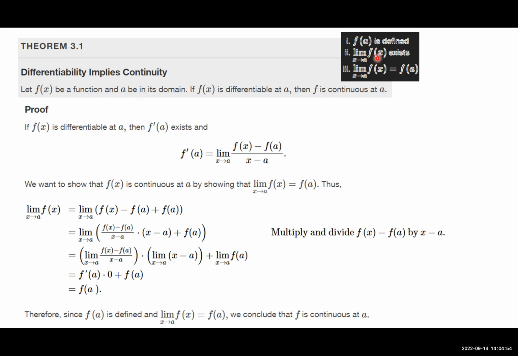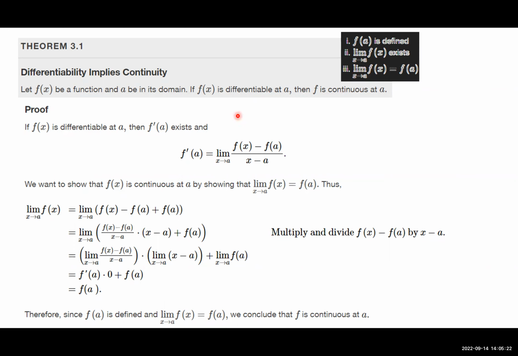So we're going to start with this statement, and we're going to show that this exists and that it is equal to f of a based on this hypothesis that f of x is differentiable.